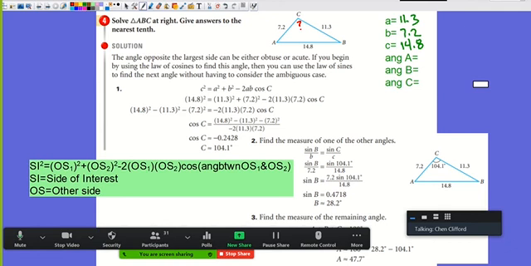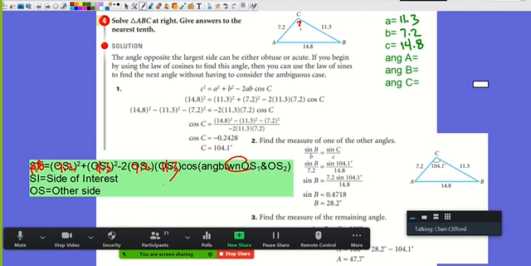They put C here, and then the 14.8 right here, and then the 7.2, 11.3, 7.2, 11.3, and just do exactly what we did in number 3 in the warm up.